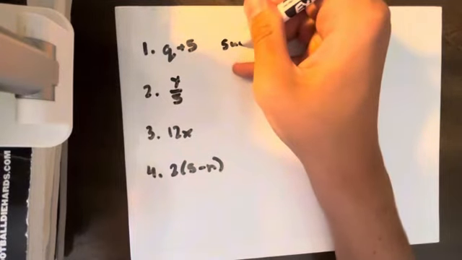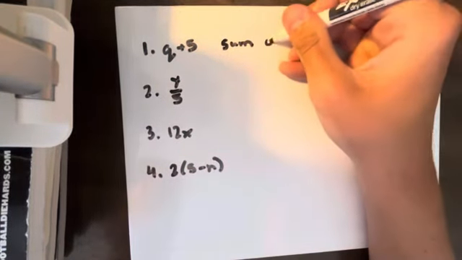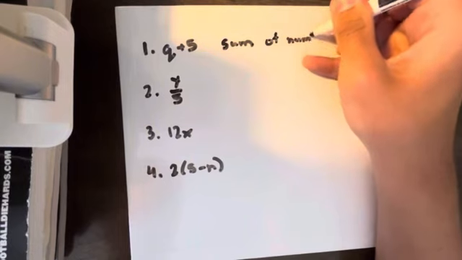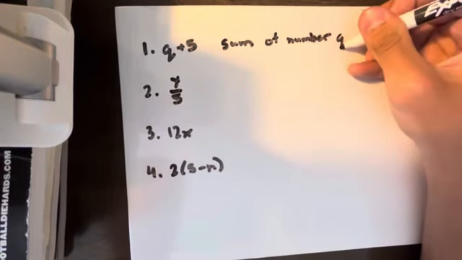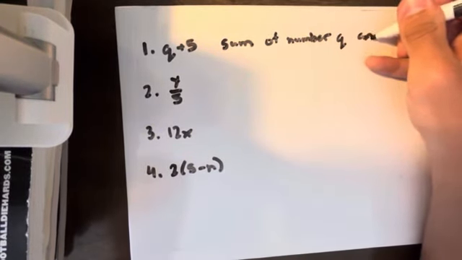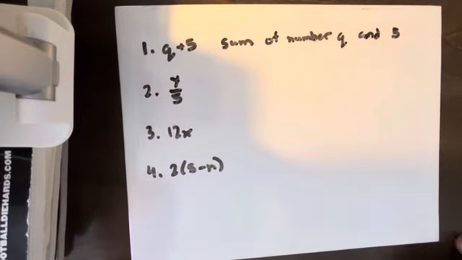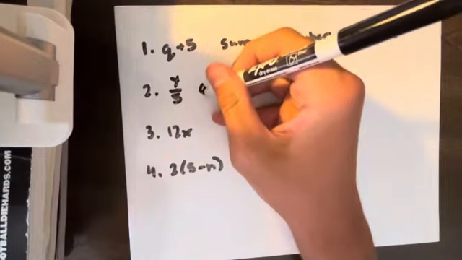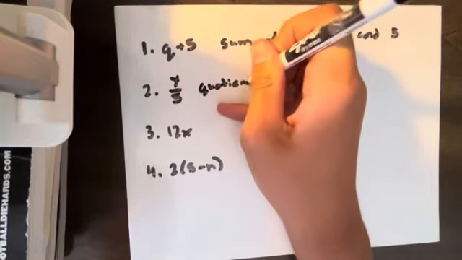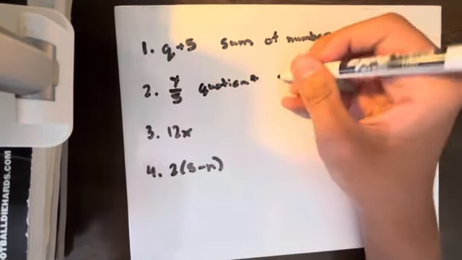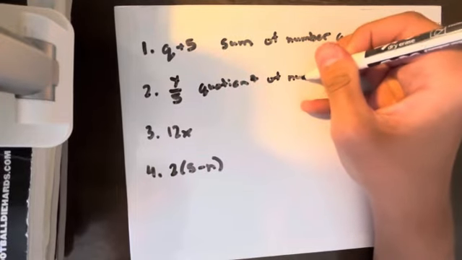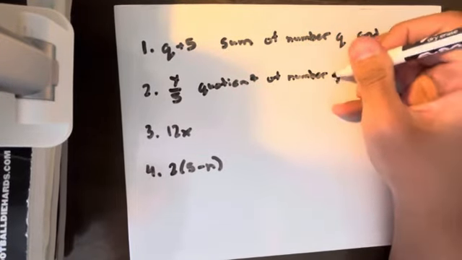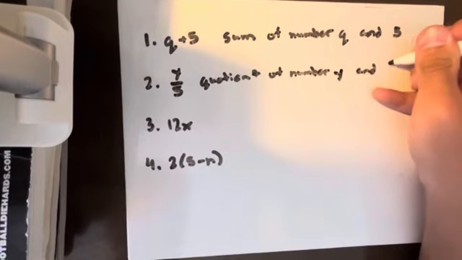So we're going to say sum of number q and 5. Next one, we're using division. That means we're going to be doing quotient. Quotient of number y and 5.